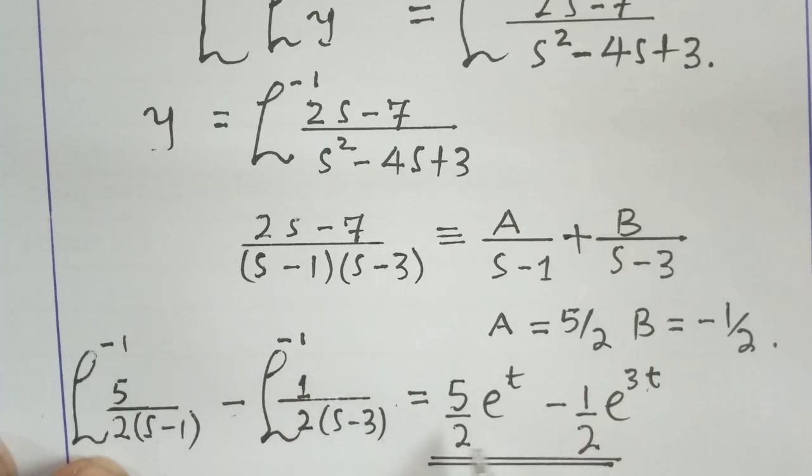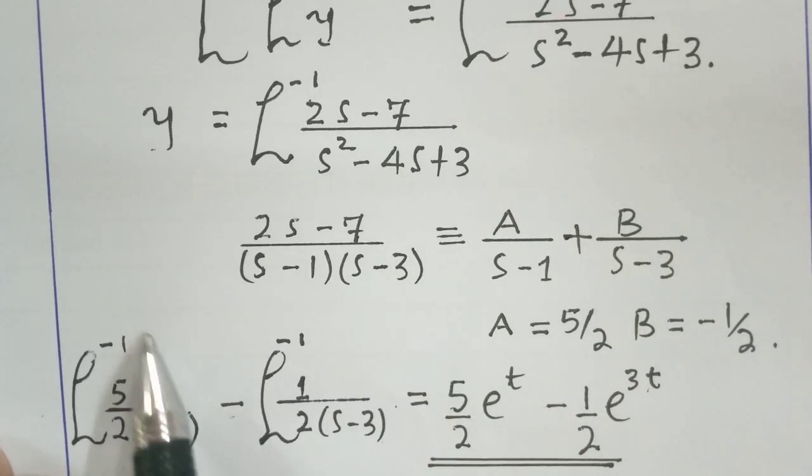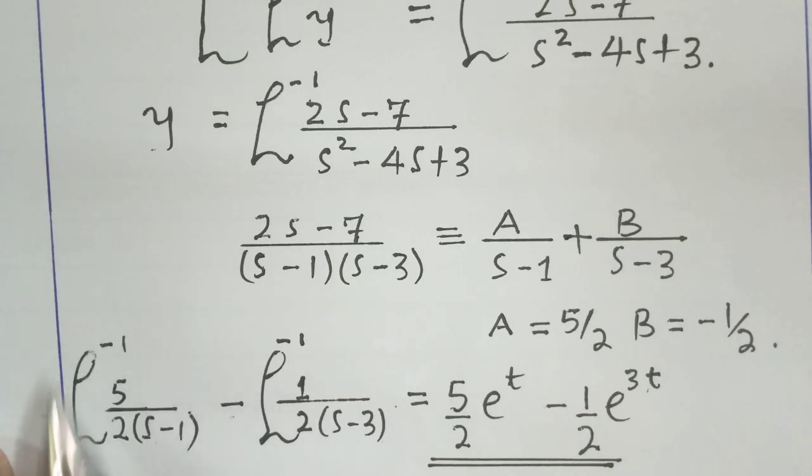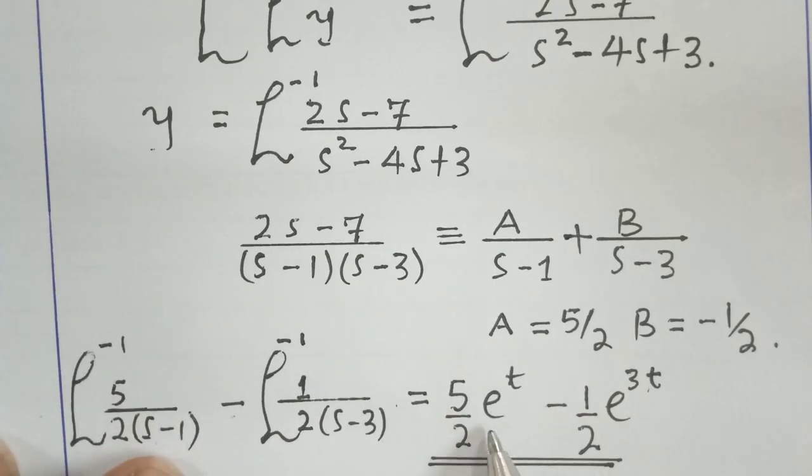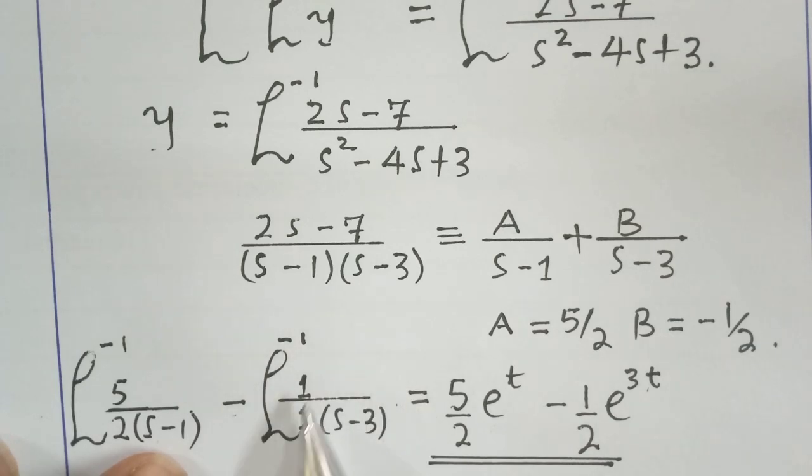Sorry, guys, we don't have the shift theorem, but this is what we get when we do the inverse Laplace transform of 1/(s-1): we get e raised to t. And for 1/(s-3), we get e raised to 3t, and the half we can factor out. So finally, this is what we get, guys, as our equation.